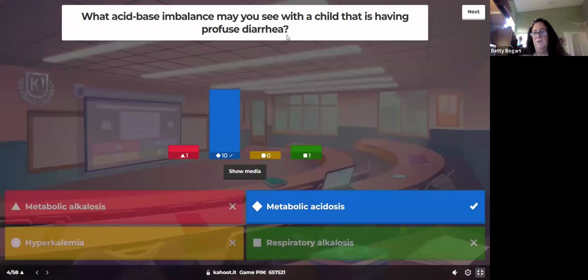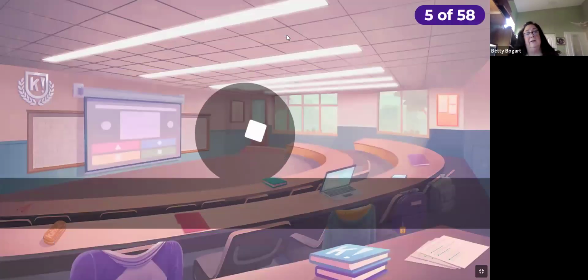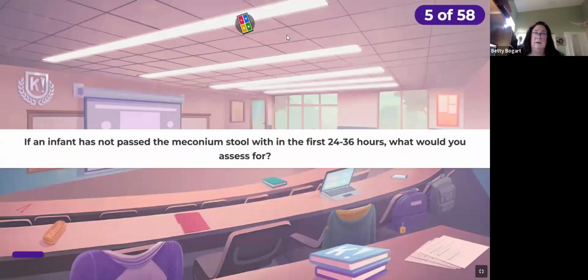Acid. If you're throwing up, you're throwing up stomach acid. What is left? Alkaline. So you're left with metabolic alkalosis. Okay, that's how you got to remember this. And respiratory alkalosis is when you hyperventilate. Okay, they are there, they're on it. I've seen them almost every single exam.